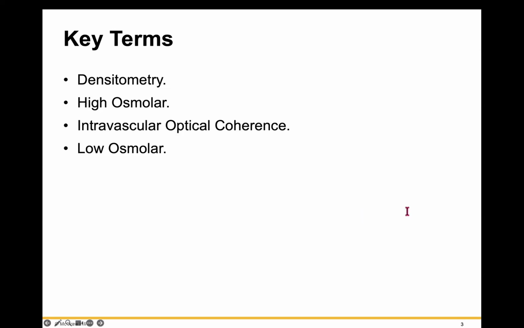There's also high osmolar, which is a type of contrast media. It's often called ionic contrast. Intravascular optical coherence is a technique that helps visualize blood vessels from the inside. And then we have low osmolar, and that's a non-ionic contrast media.